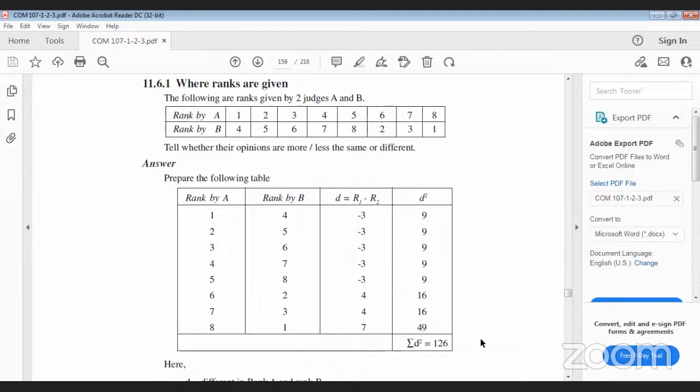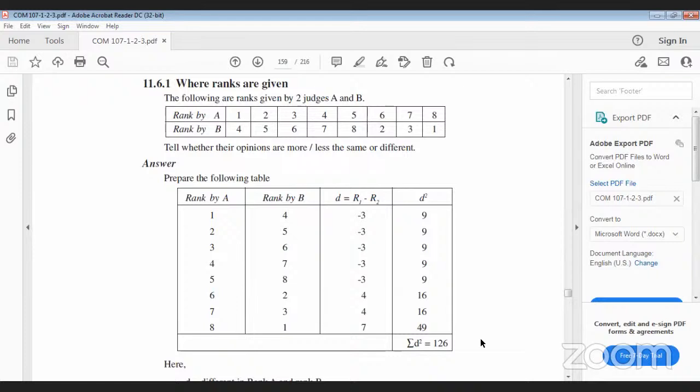From here, 1 minus 4: we cannot subtract 4 from 1, but we can subtract 1 from 4, and since the bigger number 4 has a negative sign, the answer will be minus 3.